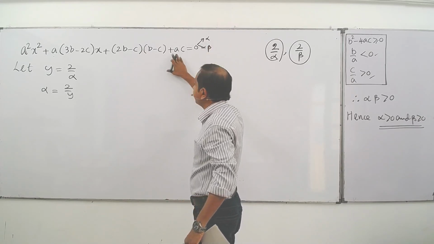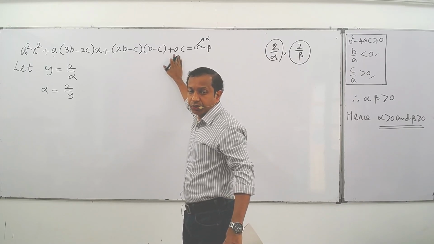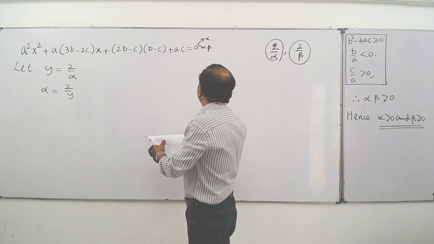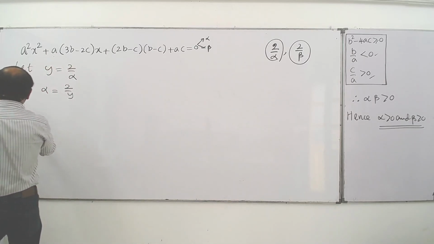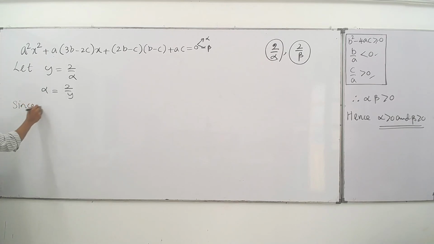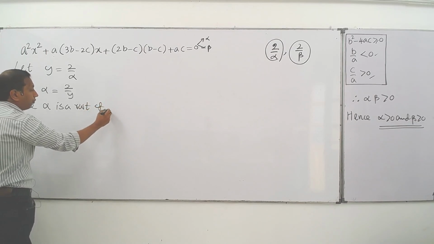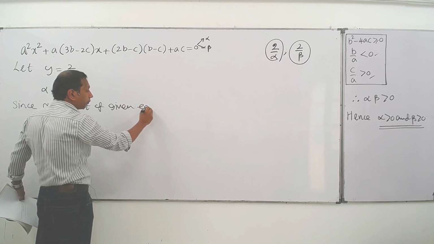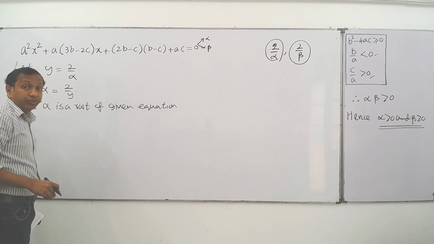Since alpha is the root of this, alpha should satisfy this equation. Then we can write, since alpha is a root of the given equation, what can you say, people? Alpha then should satisfy this equation.